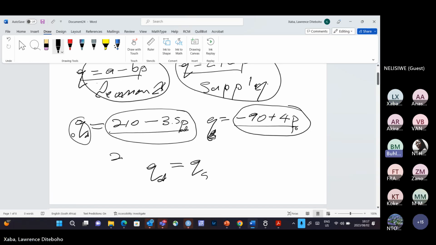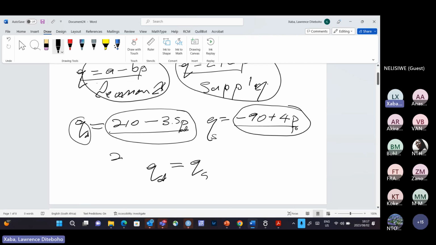You see where you underlined the 210 minus 3.5 P subscript D, and the other side, minus 90 plus 4 P subscript S. You said where we see the P or the Q, we substitute. This is S, so we are saying this is Q subscript S.